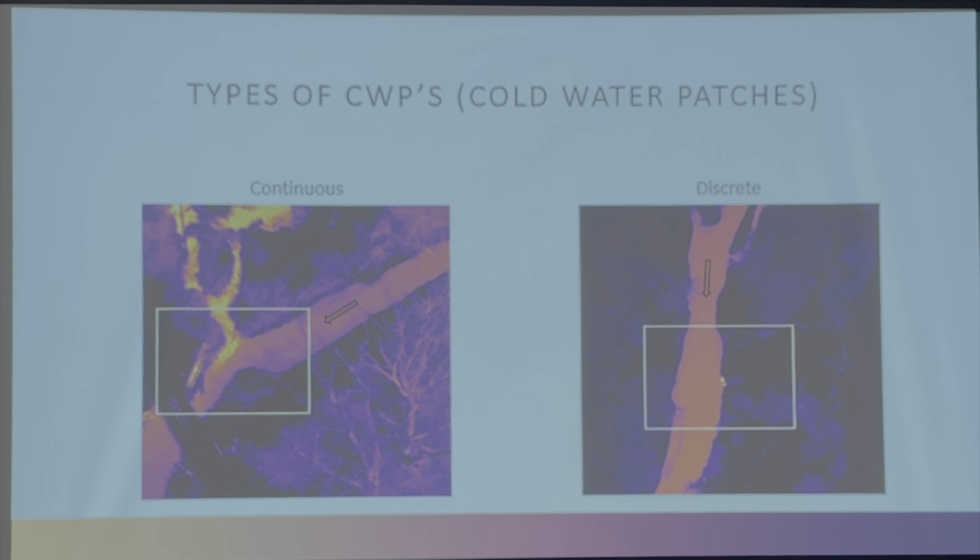It looks like the one on the left is zoomed in versus the other one being farther away. Oh yes, these are just 2 examples to show the 2 different kinds. The other thing is with discrete patches, you can have multiple discrete patches that would ultimately result in the same overall impact as a large continuous spring. So there can be 2 different scenarios going on in a given system.